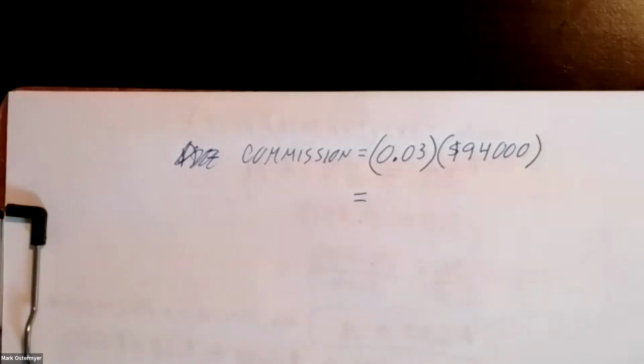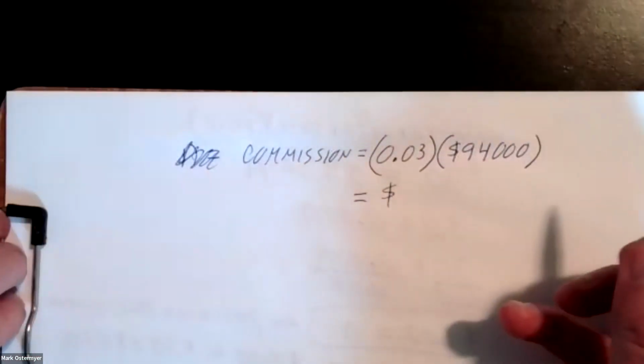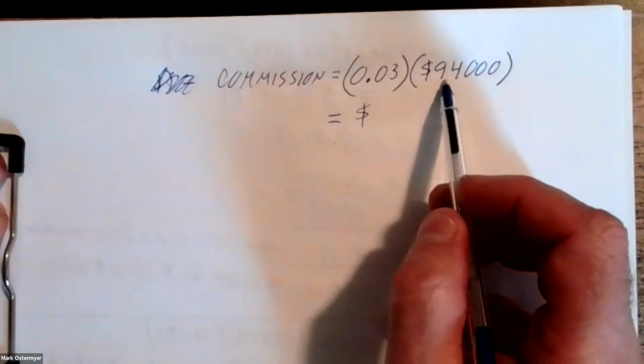Anybody get the amount of commission? So the commission rate was 3%. They sell a $94,000 home. How much commission did she earn?